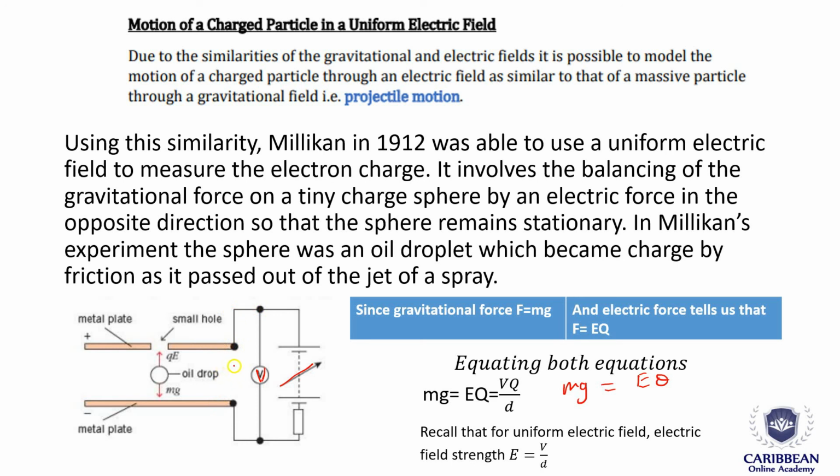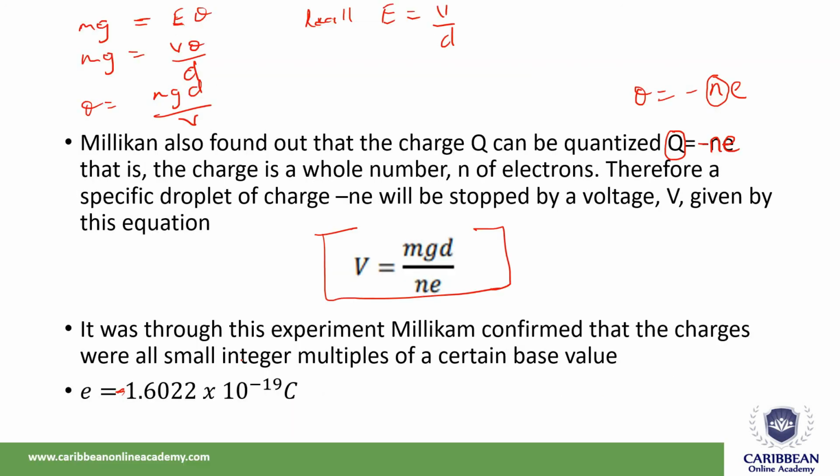You understand? So if we wanted to find at what voltage the system got balanced, you would use this equation to say that V, the potential difference, is equal to mg times the distance of separation divided by N times E.